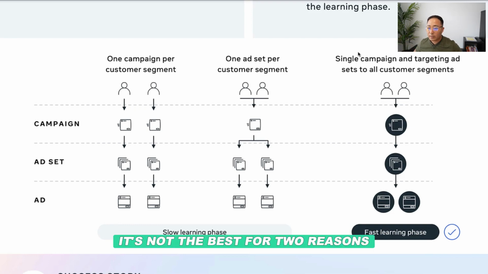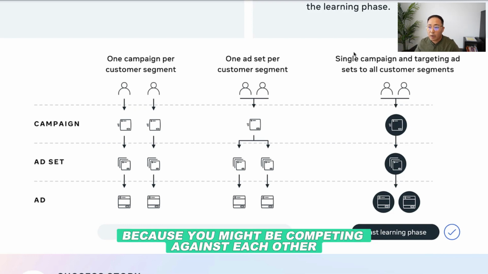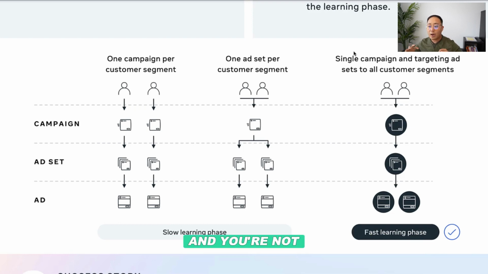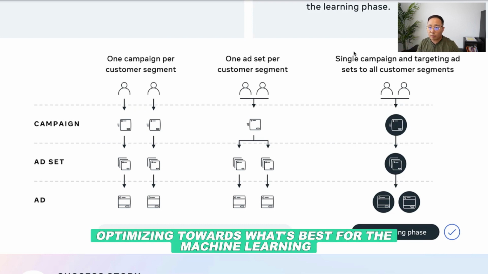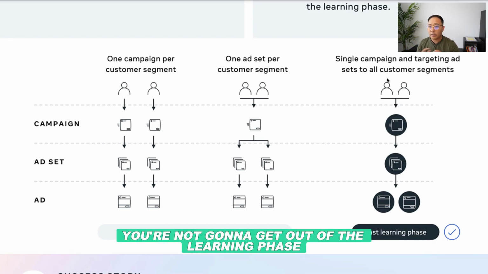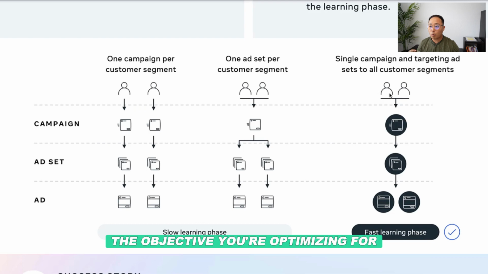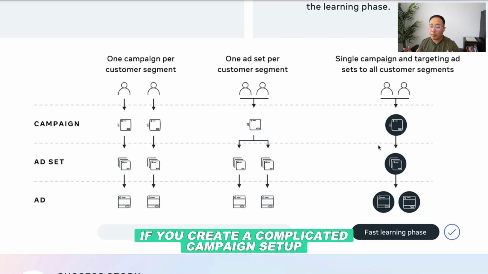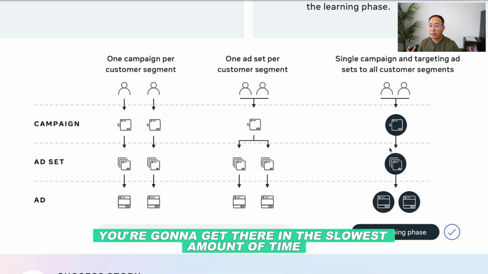In this case, it's not the best for 2 reasons. Because you might be competing against each other in your audiences, and you're not optimizing towards what's best for the machine learning, which means you're not going to get out of the learning phase. The objective you're optimizing for, you want to create at least 50 of those as fast as possible. If you create a complicated campaign setup, you're going to get there in the slowest amount of time.